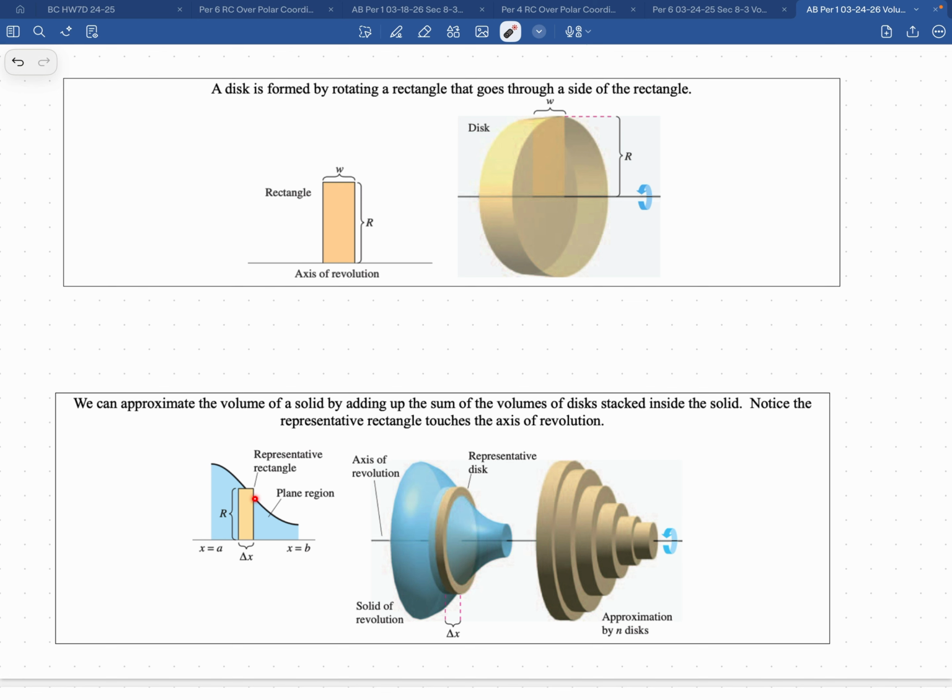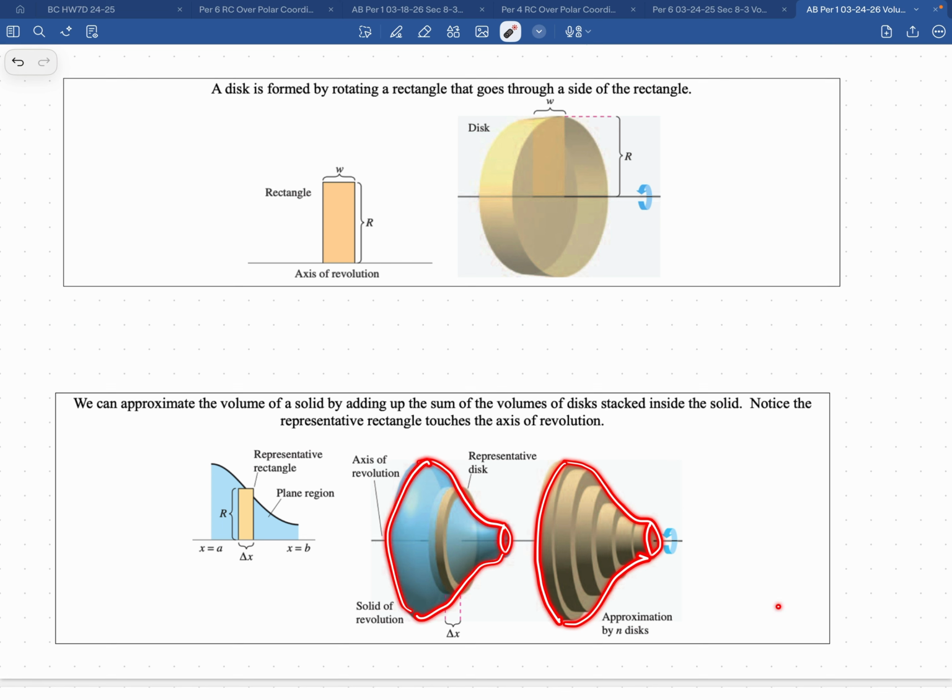If you imagine that there were several rectangles drawn here, and then they all rotate around the axis of rotation, it's going to create all of these disks right here. These disks stacked on top of each other, or side by side in this case, approximate the volume of this blue figure.